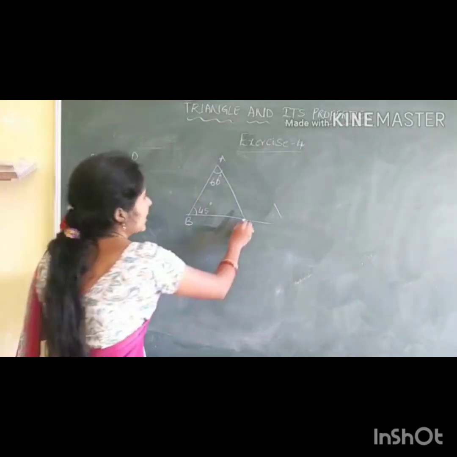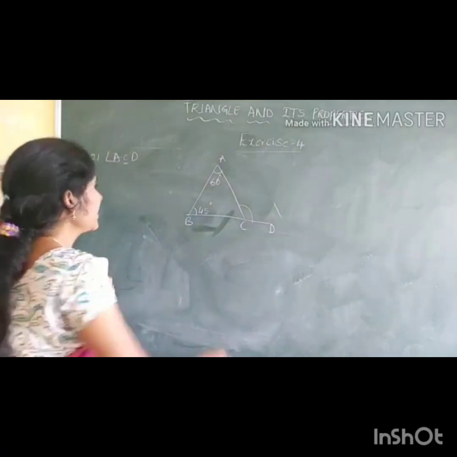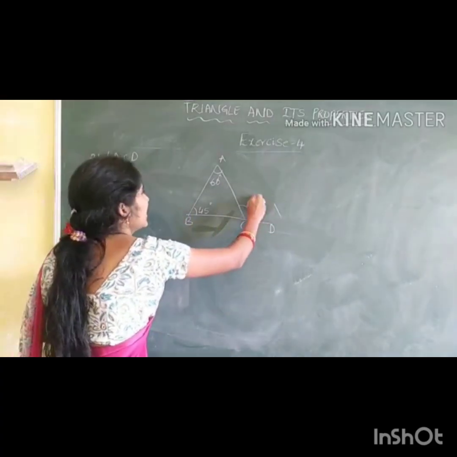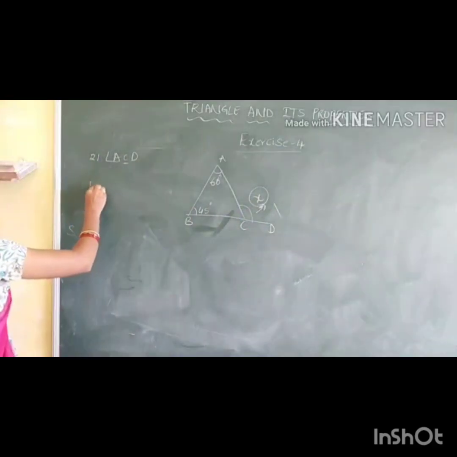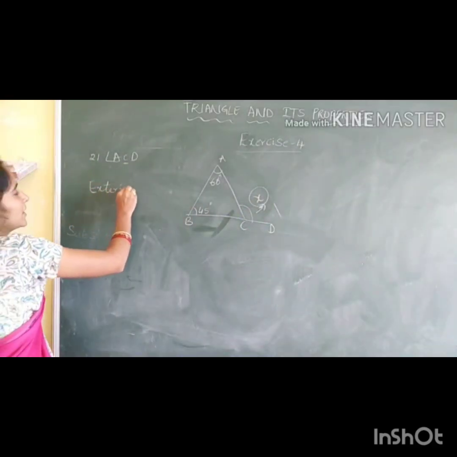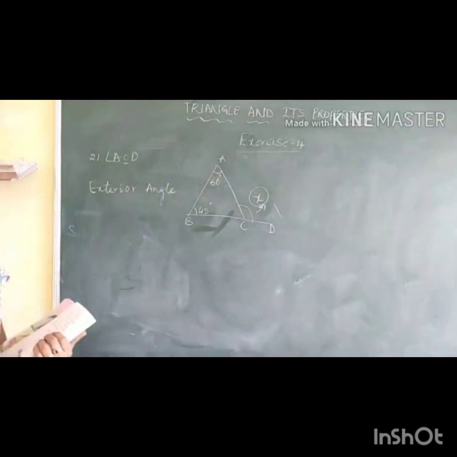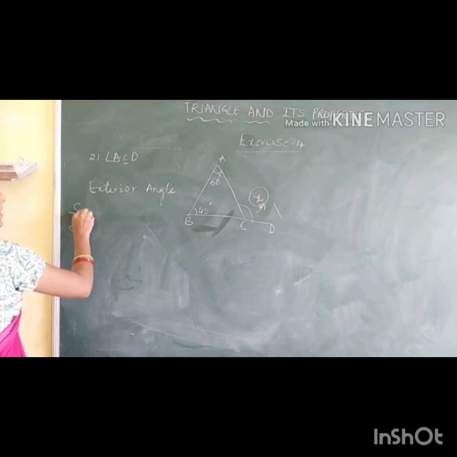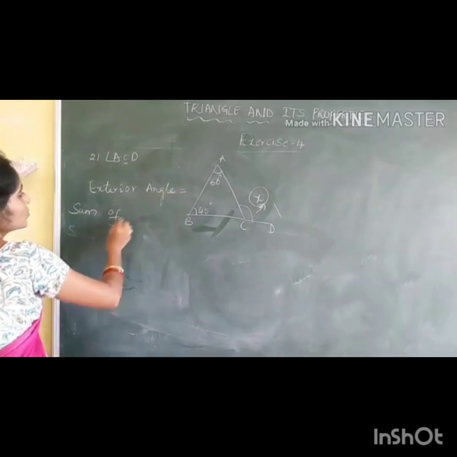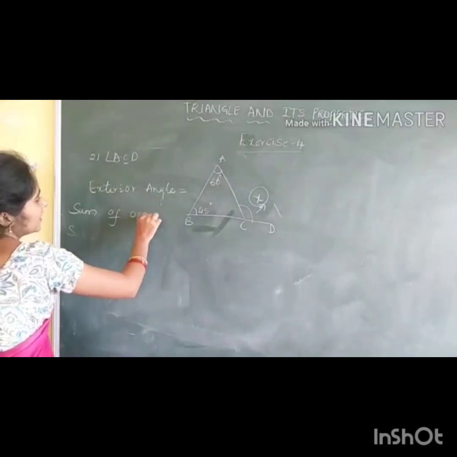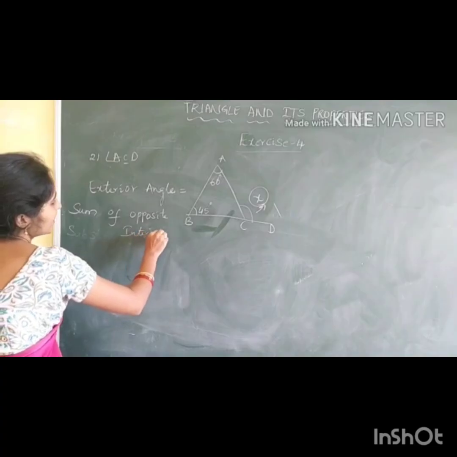Here angle ACD is the exterior angle, which we don't know. As we know the exterior angle property, the exterior angle of any triangle is equal to the sum of opposite interior angles. Here what are the opposite interior angles?